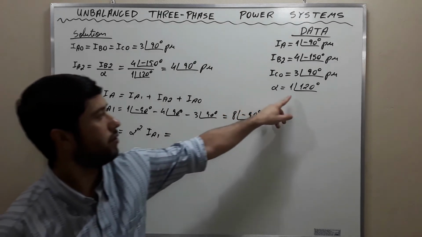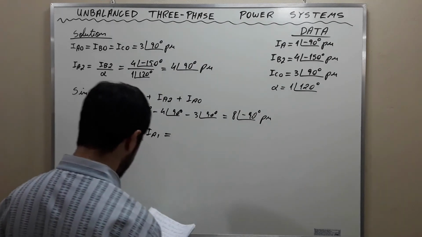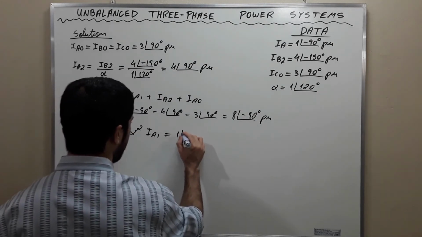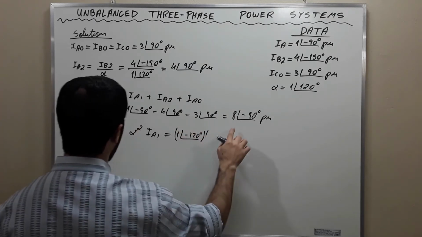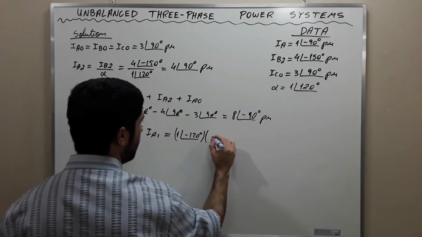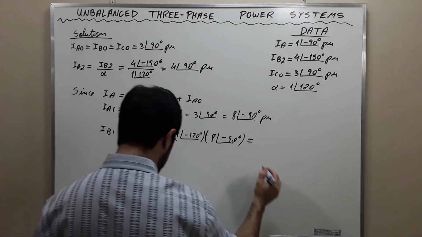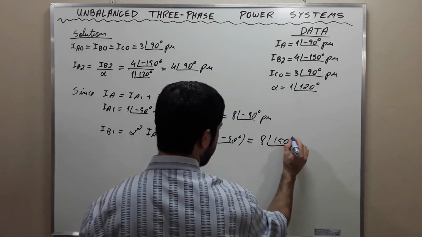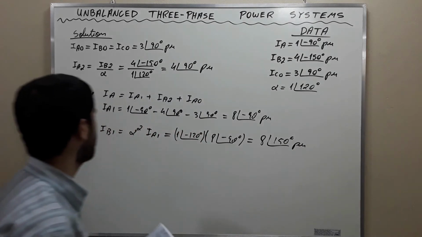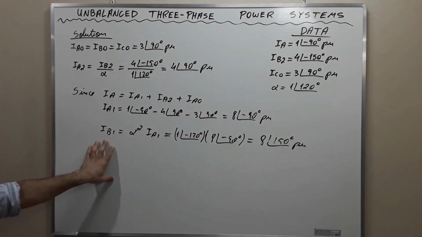This alpha squared is 1 phase minus 120 degrees, multiplying this value here, 8 phase minus 90 degrees, which is equal to 8 phase 150 degrees per unit. All right, we know the positive sequence current of conductor B.